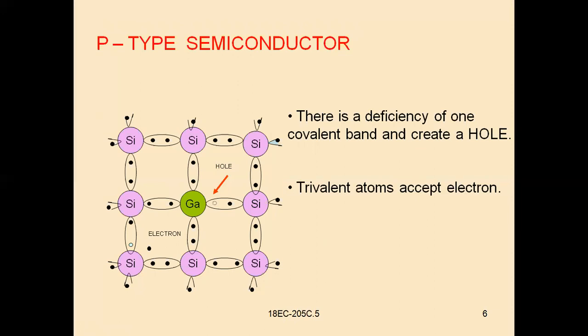Here, there will be a deficiency of one covalent bond, which creates a hole. The trivalent atoms are going to accept the electron. Since these are going to accept the electrons to form the covalent bond, we can also call these P-type semiconductors acceptors.